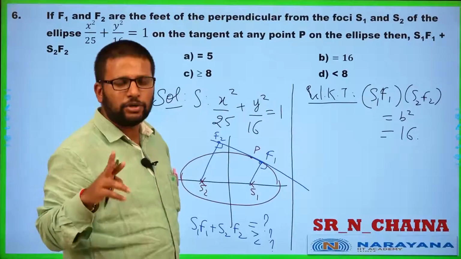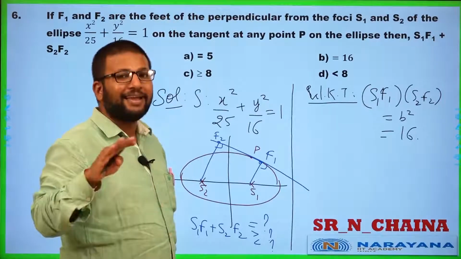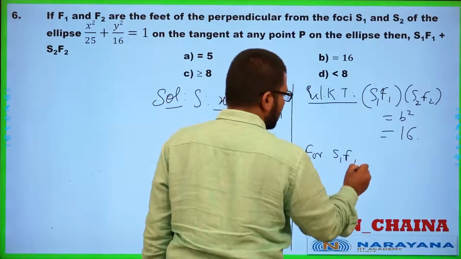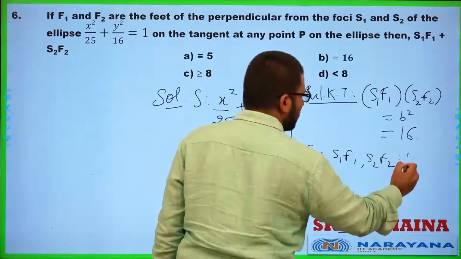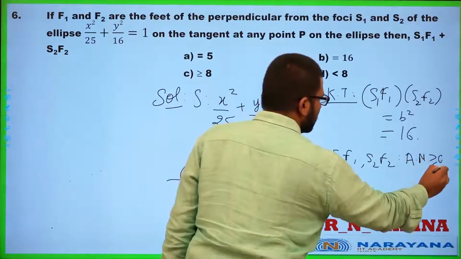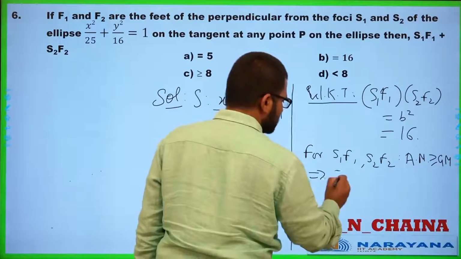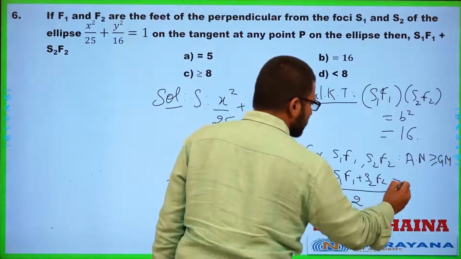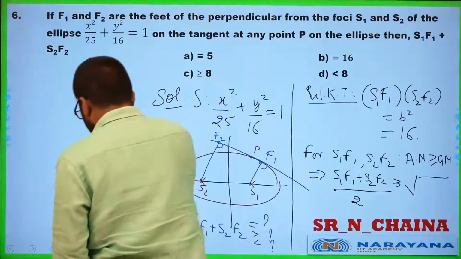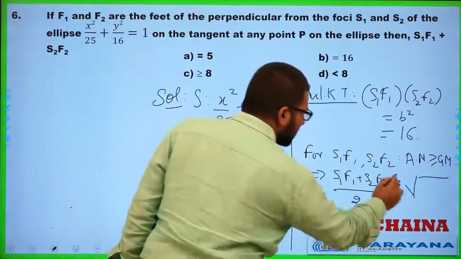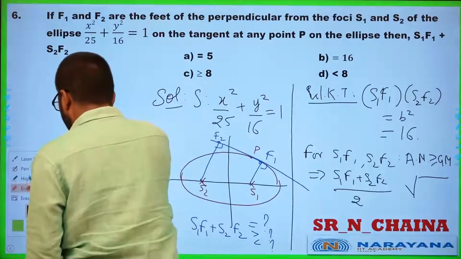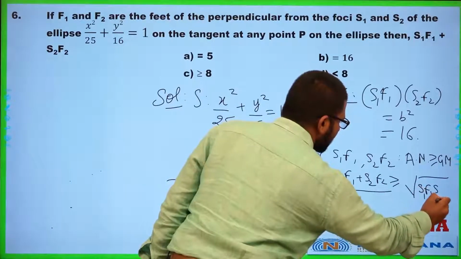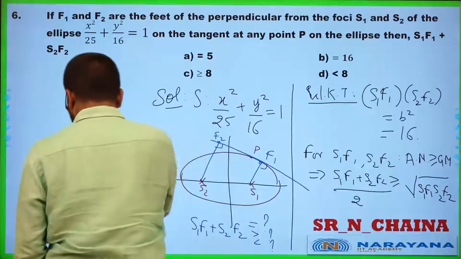So when the product is known, how do you deal with the sum? AM-GM inequality, right? So for S1F1 and S2F2, we are going to apply AM greater than or equal to GM, which means S1F1 plus S2F2 divided by 2 is greater than or equal to root of their product, S1F1 times S2F2, correct?